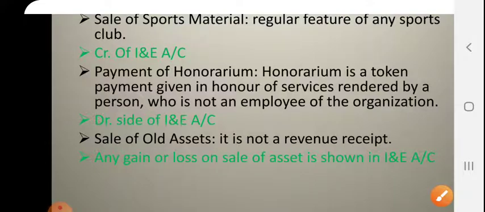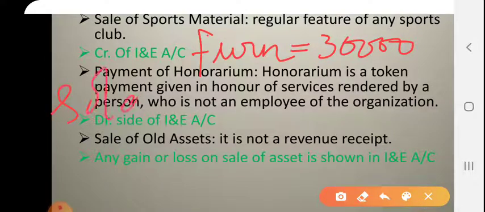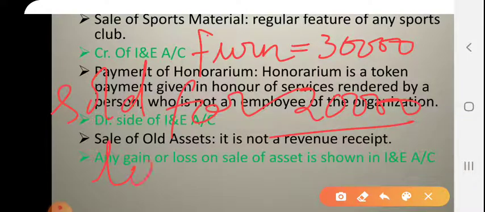Now I take another example. Suppose the book value of furniture is 30,000, but the furniture is sold for 20,000. So the loss incurred in this is 10,000.